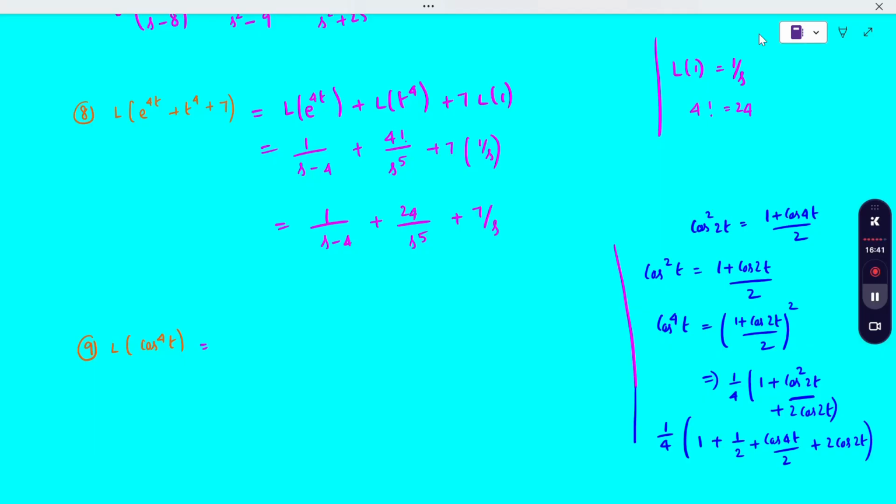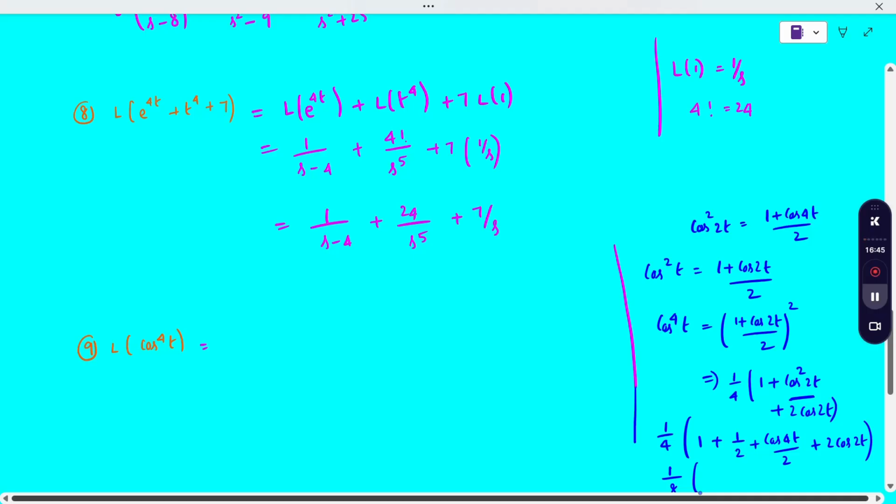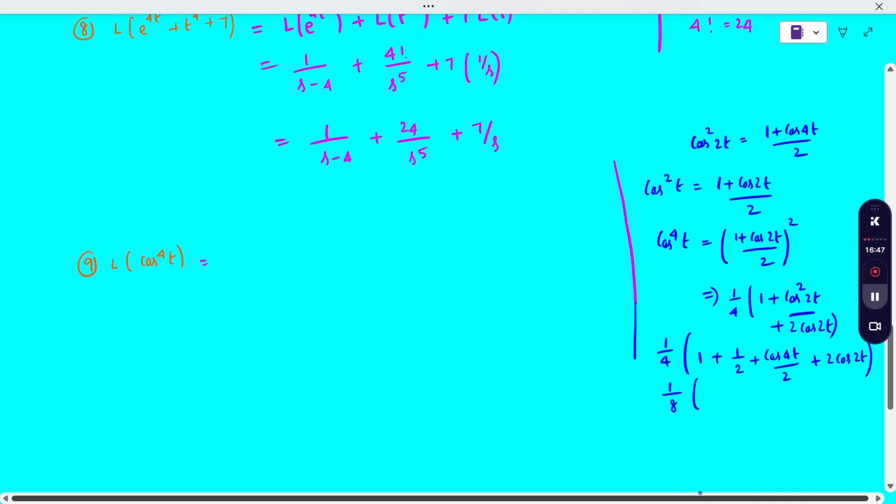Everywhere there is a 2, so I take 1 by 8 outside. So 1 by 8 times 3 plus cos 4t plus 4 cos 2t. This is our final form.